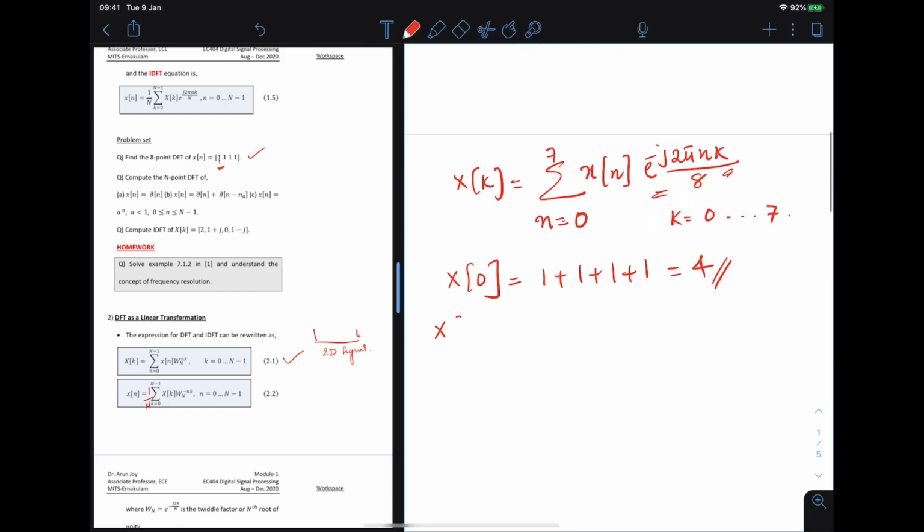Similarly, X of 1, that is k equal to 1. What I'm going to do is just open the brackets. So it will be small x of 0, that is your time domain signal. So x of 0 into e raised to j 2 pi, n value is 0. So the e raised to j term in the first sample is not relevant here.